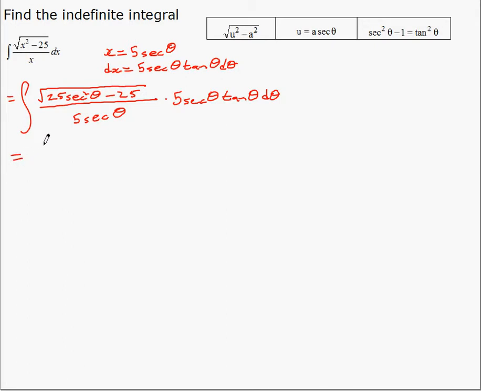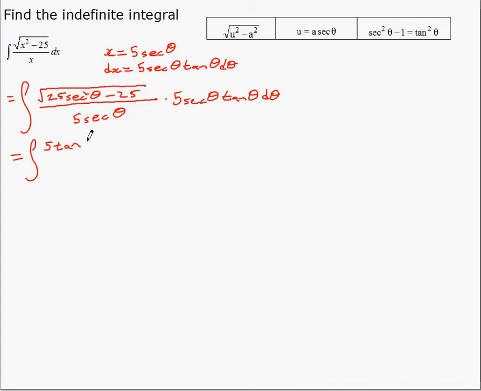So if we factor out the 25, we end up with 5 outside the root. Inside the root, we're left with secant squared minus 1. Secant squared minus 1 is tan squared under the root, which means when we take the square root, we just get tan.